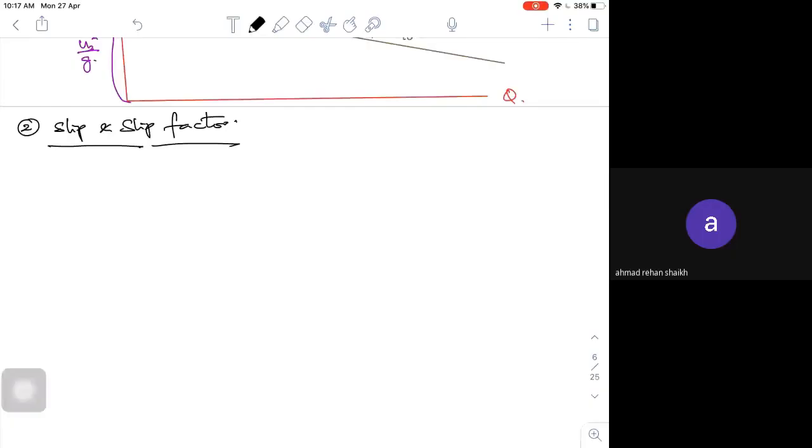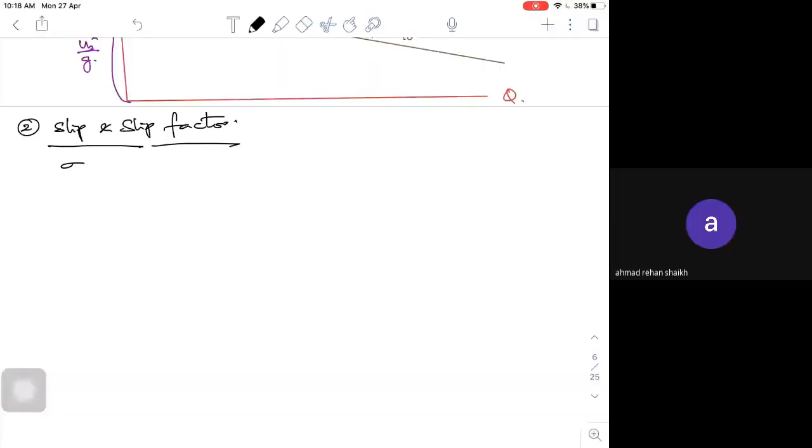Sigma, the slip factor, is the difference in whirl velocity divided by the original whirl velocity, that is delta VW2 by VW2. Delta VW2 is called slip.